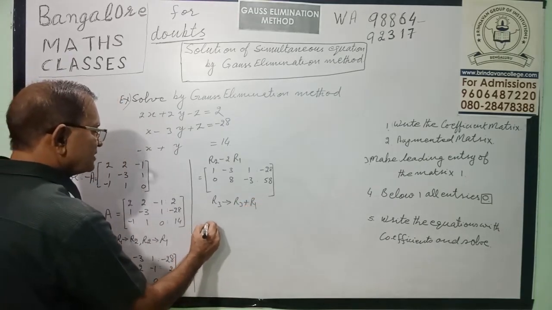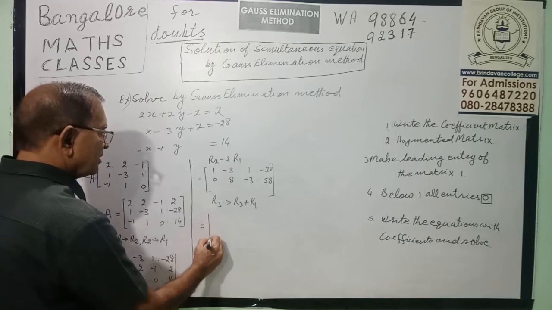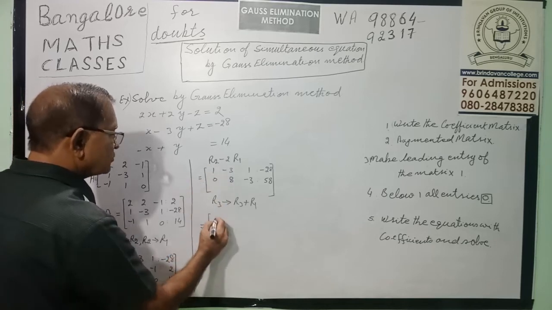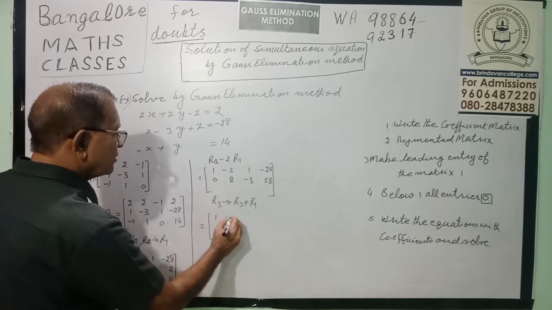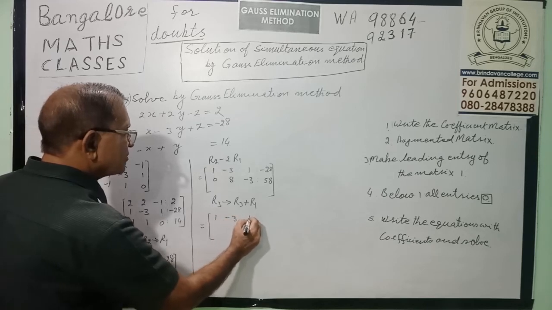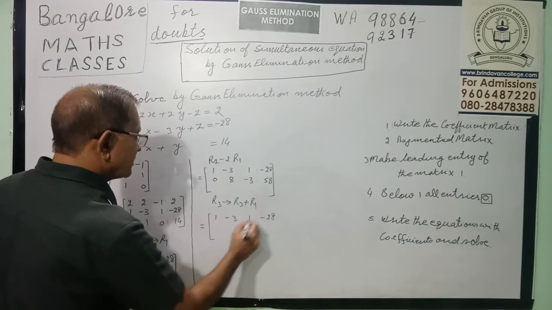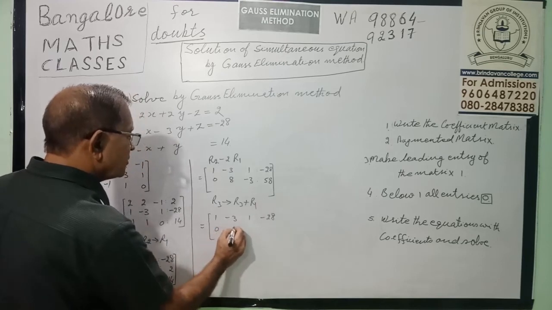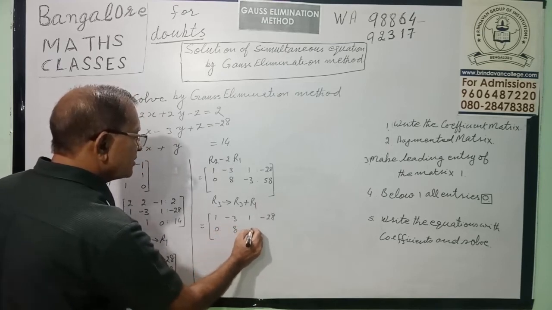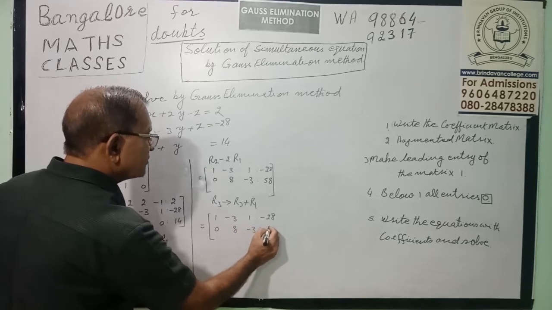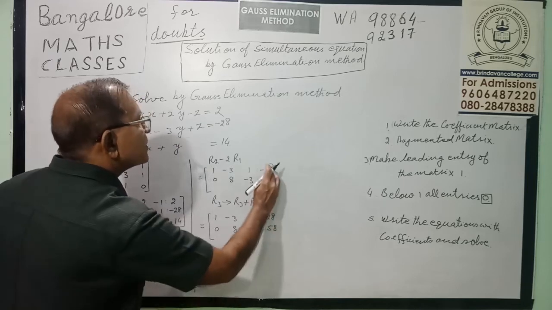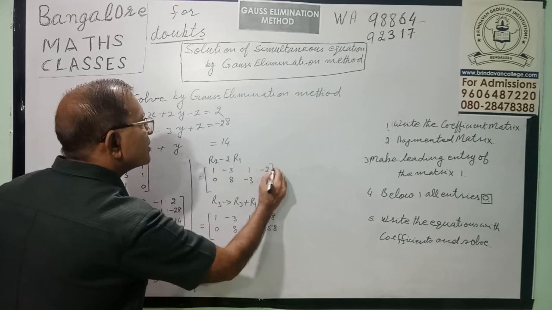So what will I get? R1 as it is: 1, minus 3, 1, minus 28. New R2: 0, 8, minus 3, 58.